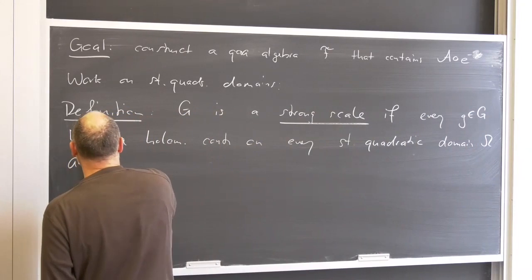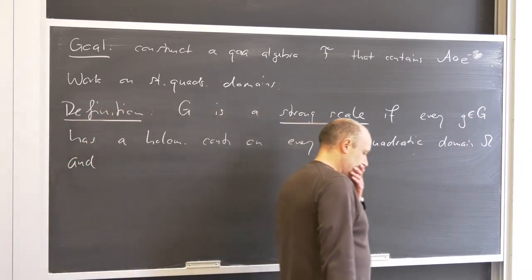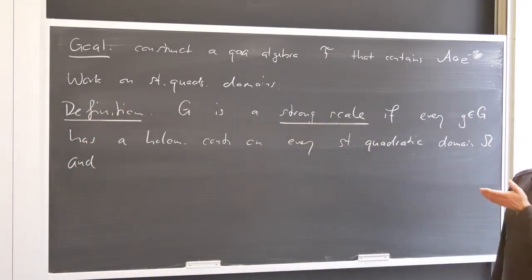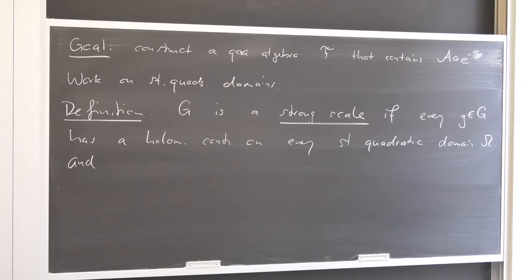What do I mean by scale? To say that the dominance relation linearly orders G, the set of all these germs, means that when you have two distinct germs, one dominates the other, which in analysis we express as one being little o of the other in the domain in question.